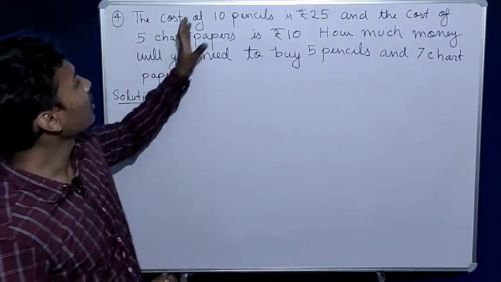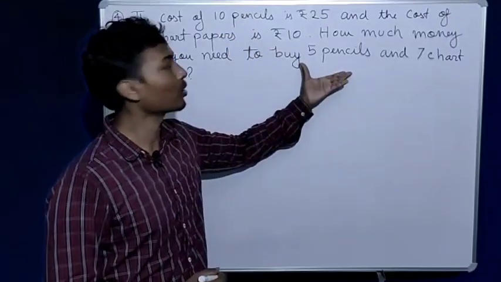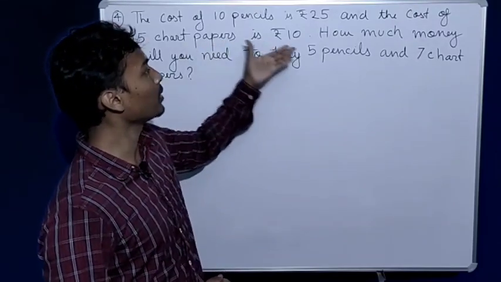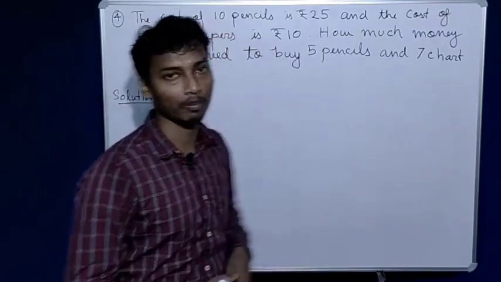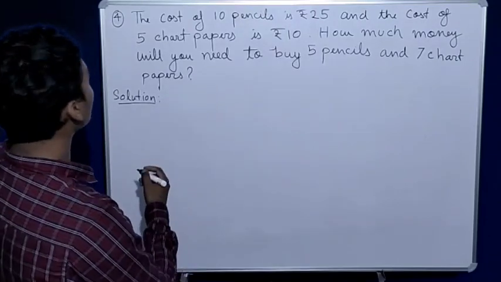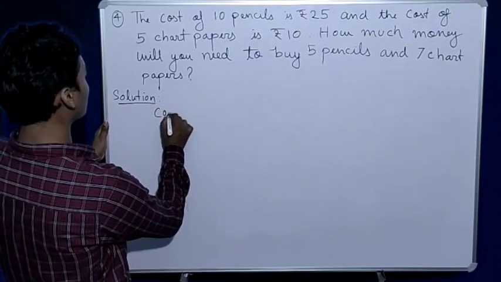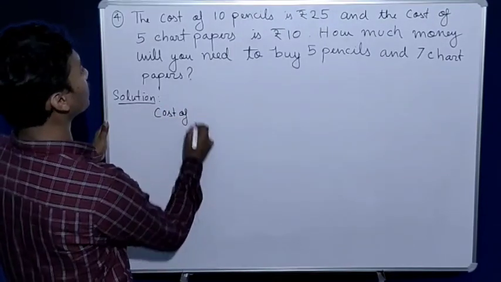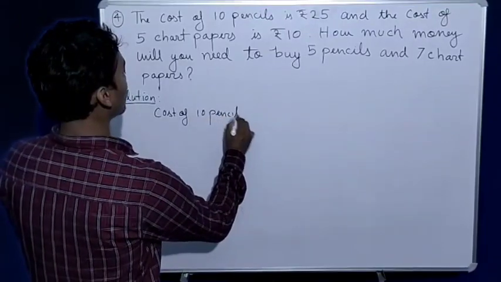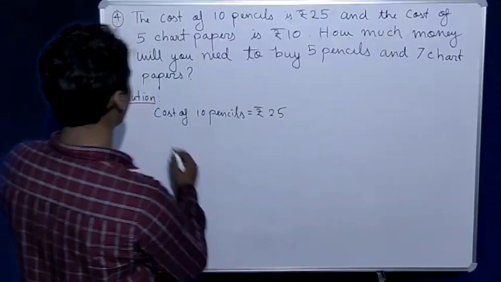So if you find the cost of 1 pencil, we will be able to find the cost of 5 pencils. If you find the cost of 1 chart paper, we will be able to find the cost of 7 chart papers. So let's individually find them. First, let's start with the pencils. So the cost of 10 pencils is equal to rupees 25.